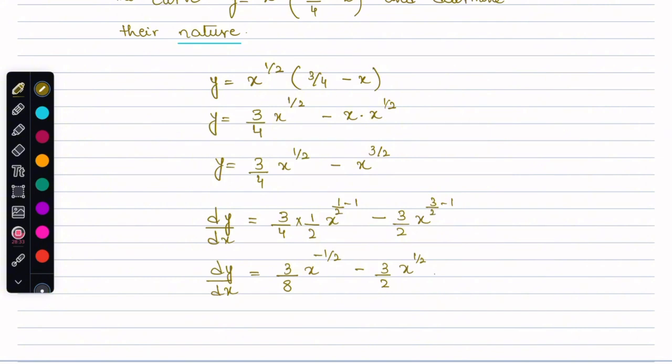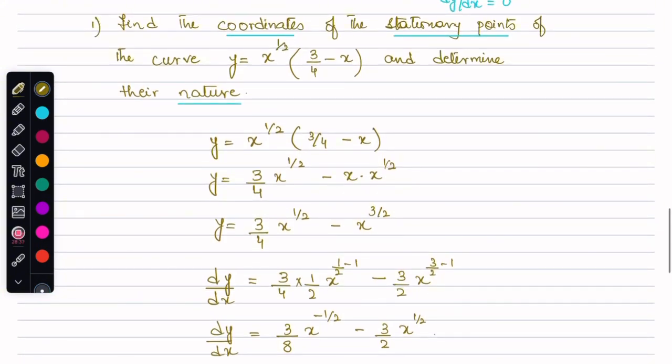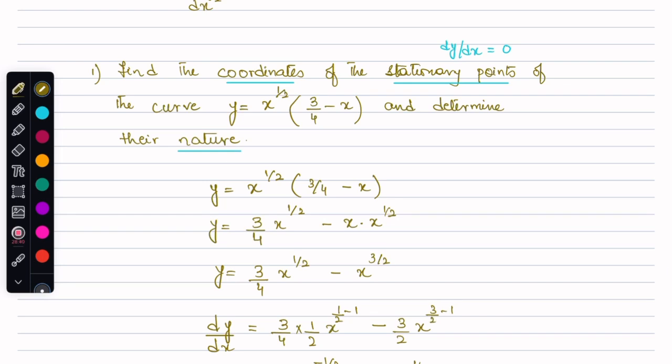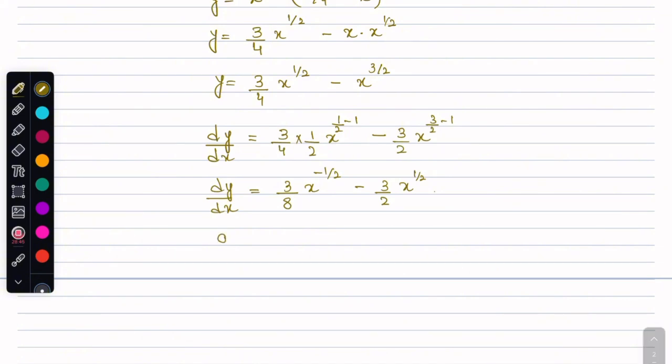This is my first differential equation, and from here I should be getting my stationary point, because I know at the stationary point the gradient value dy by dx is 0. So at stationary point, as discussed earlier, dy by dx shall be equal to 0.